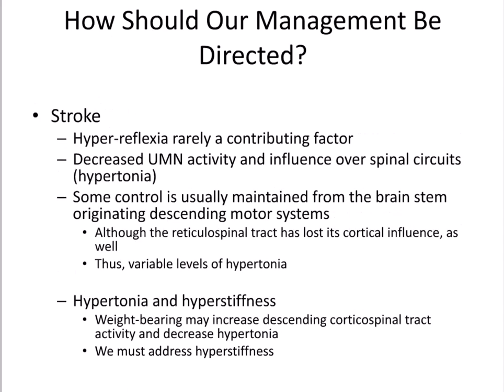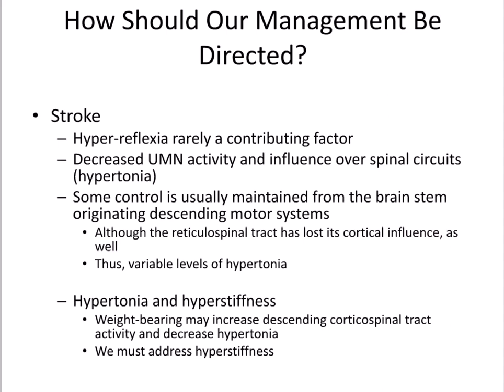However, in the case of a patient that has undergone a stroke, there's rarely hyperreflexia. There might be decreased upper motor neuron activity resulting in hypertonia or spasticity, but some control is usually maintained, and there's variable levels of hypertonia in this patient population.